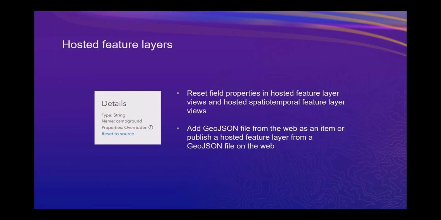Continuing with hosted feature layer updates, if you make changes to the field properties of hosted feature layer views, there is a reset to source option that allows you to revert the field settings to that of its source. You are now also able to add a GeoJSON file from the web as an item or publish a hosted feature layer from a GeoJSON file on the web by providing a URL.